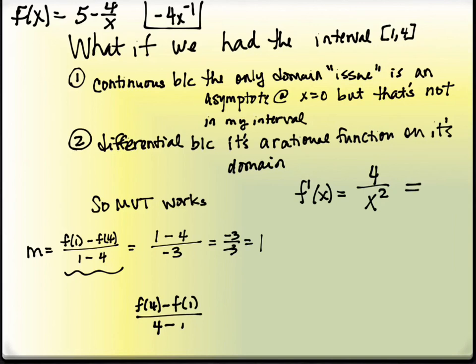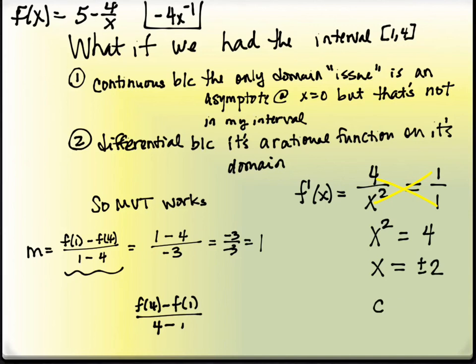And I'm supposed to be able to set it equal to that slope that I just calculated, which is the number 1 on this one. So you can cross multiply, right? This 1 is the same as 1 over 1. So if we cross multiply, I actually get x squared is equal to 4. Now technically x is equal to what? Positive and negative 2. But c is not equal to positive and negative 2.